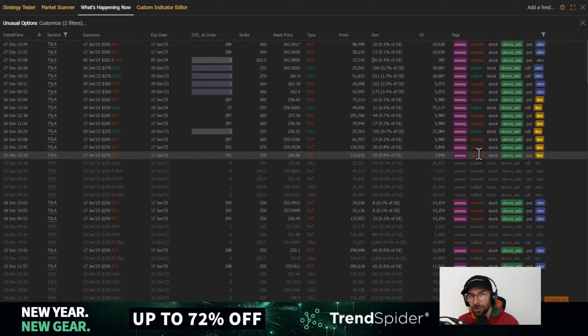Always have spot on resistance levels? Who, me? I don't know if that's true. These are all relatively smaller premiums though. Nothing really major. This one's kind of bigger, almost a quarter mil, on the January 17th 260 put.